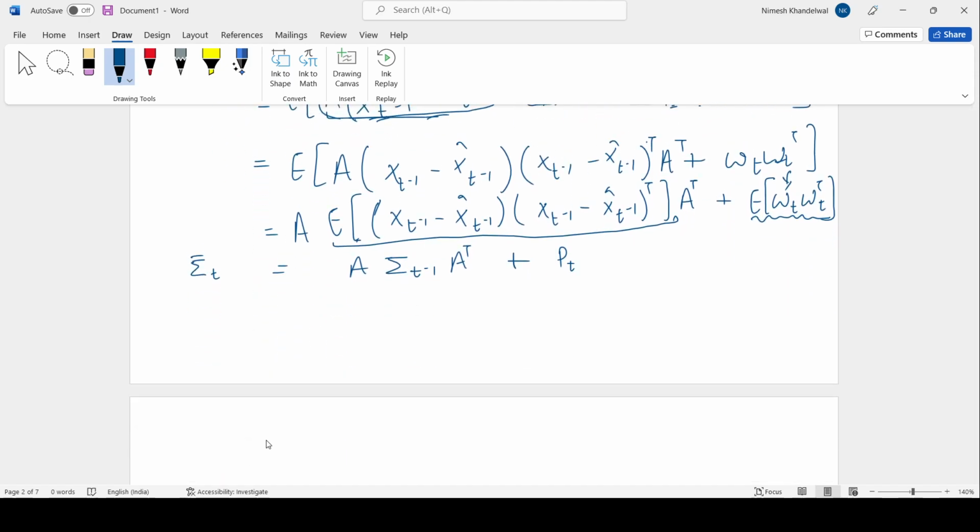Let me write both of them together. My x bar of t is A x hat_{t-1} plus B u_t, and this is my sigma bar of t.